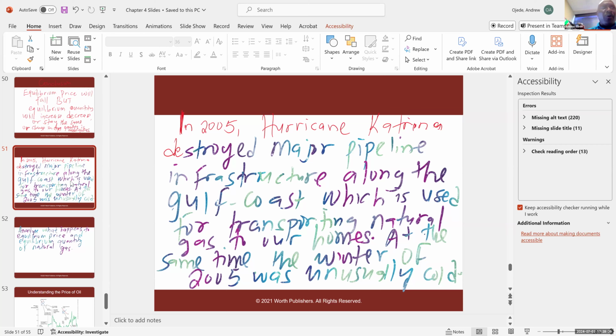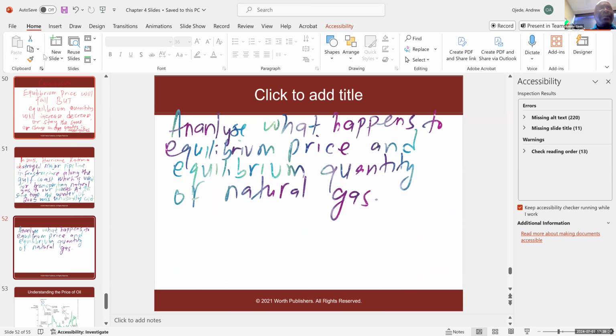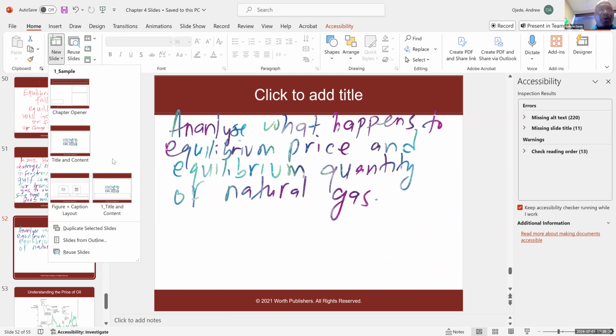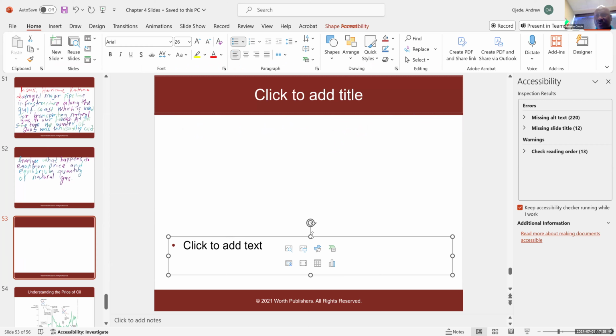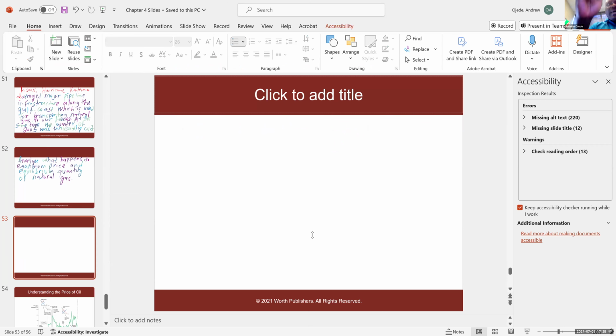Okay, so now we want to show what could have happened to equilibrium price and equilibrium quantity for natural gas during the winter of 2005. So let's do it here. This is your solution, your summary. You need to know which curve shifts and in which direction first.